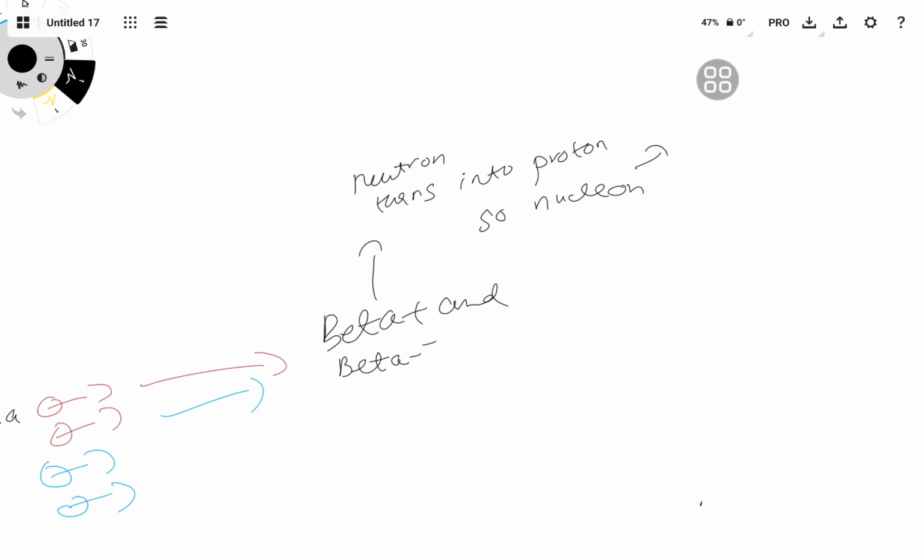The nucleon number is basically, let's say we have uranium 34. I don't know what the actual number is, but let's say it's U 96.